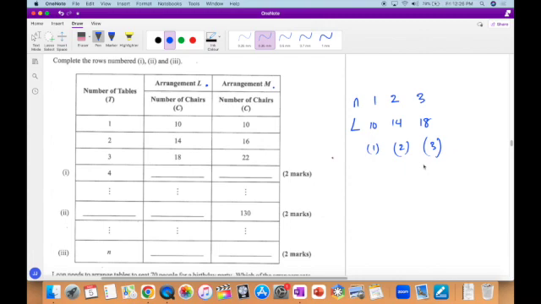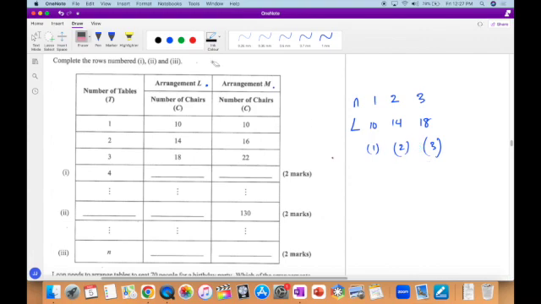That is interesting. 8 ones are 8 plus 2. 8 twos are 16 minus 2. 8 threes are 24 minus 4 minus 6. Interesting. That's an interesting one.